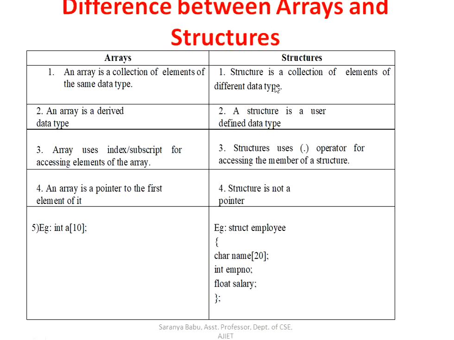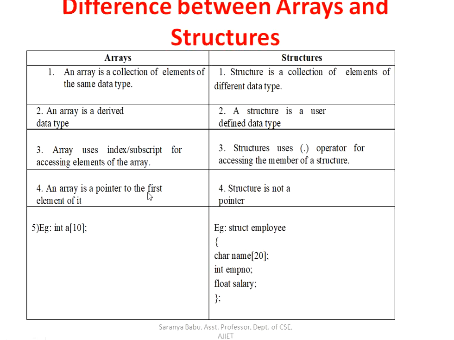Now an array is a derived data type, whereas structure is a user defined data type. Correct? User defined, right? We are defining the members of that structure. Now array uses index or subscript for accessing elements, whereas structure uses the dot operator. Remember, array uses index, whereas structure uses the dot operator for accessing the member.